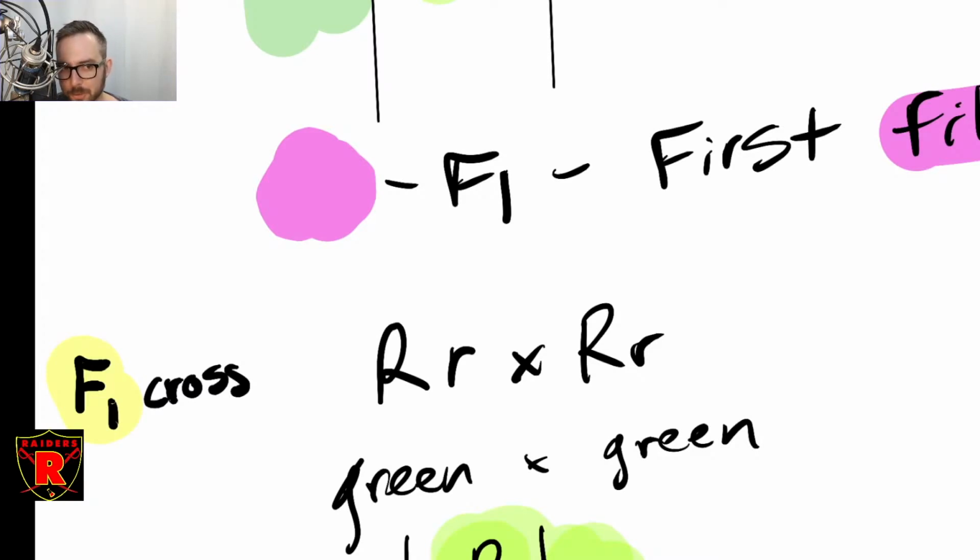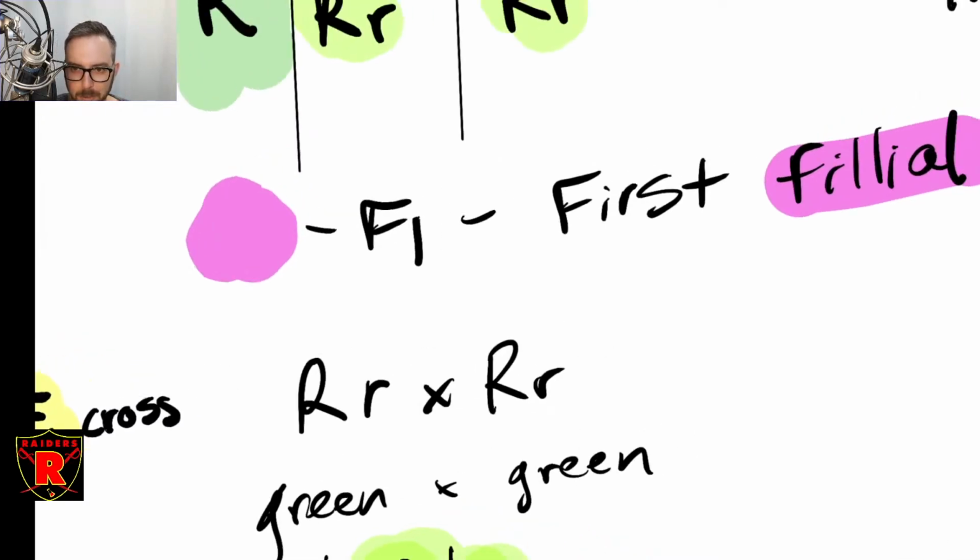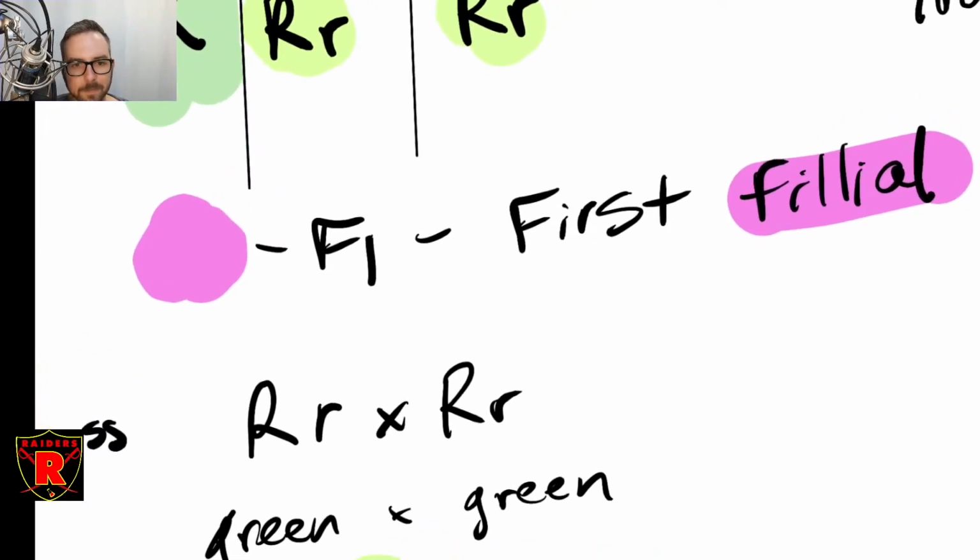The word filial is a reference to horses, because these principles were often applied to horse breeding, which is why a lot of the terminology here actually comes from horse breeding. But the F1 cross is the first filial generation crossing. Yeah, there it is, first filial.